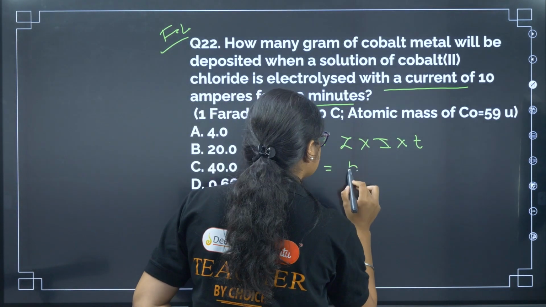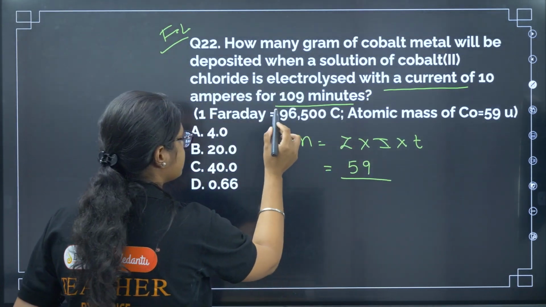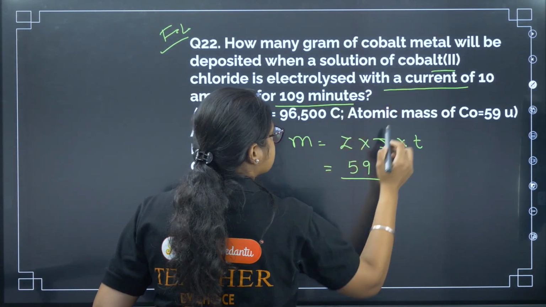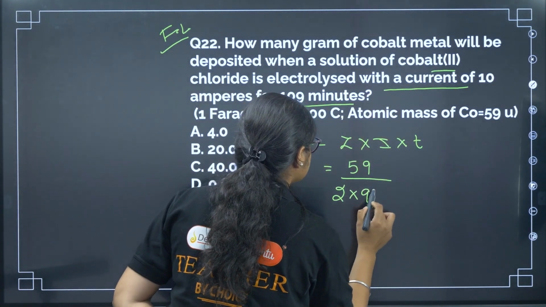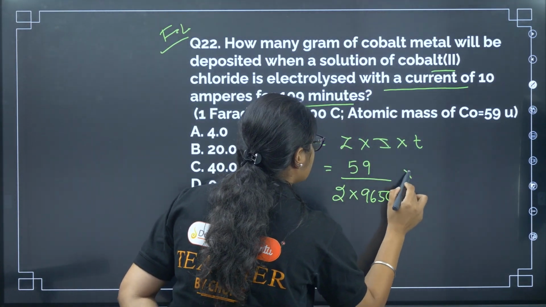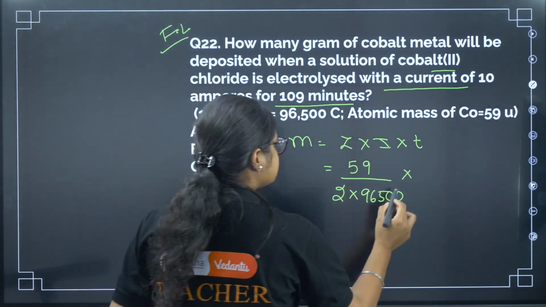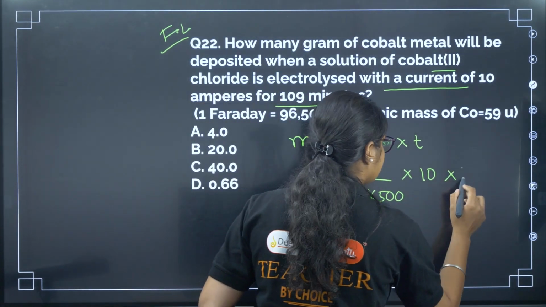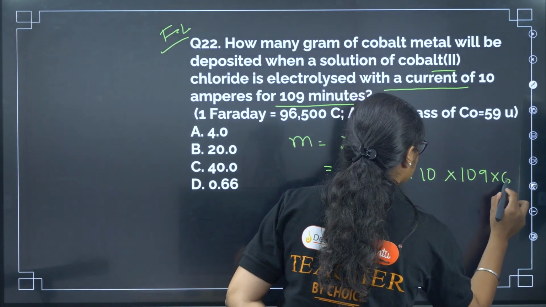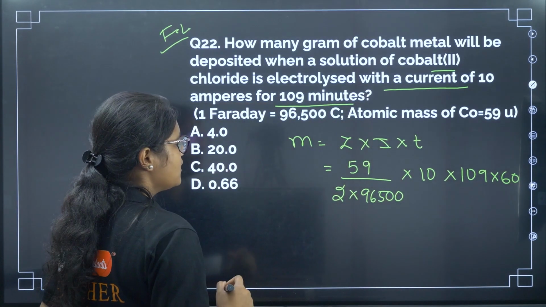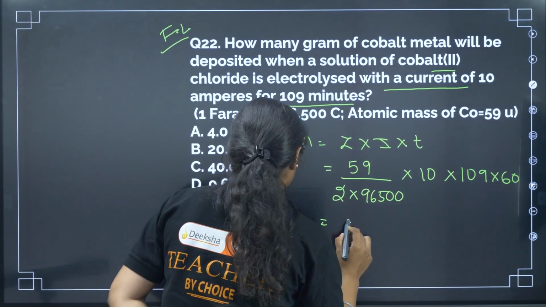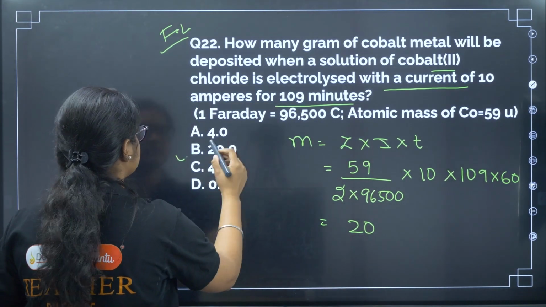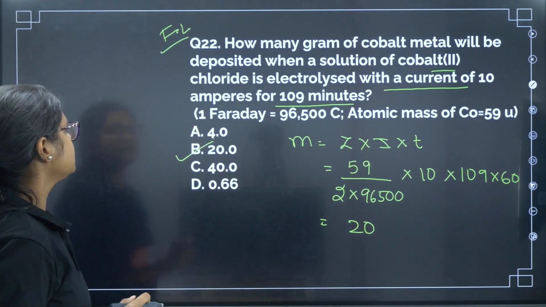Cobalt molar mass is 59, and the charge here is cobalt 2+, so n will be 2, into 96500. The current given is 10 amperes and the time given is 109 minutes, which must be converted to seconds. Now if you solve this, you will get the value around 20. So the correct answer for this question is option number B, that is 20.